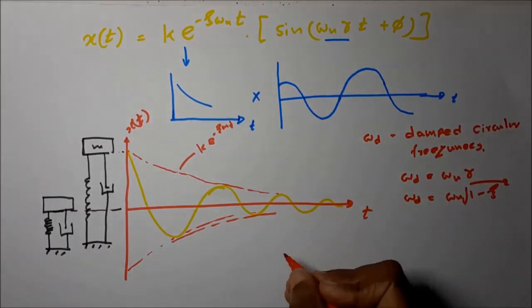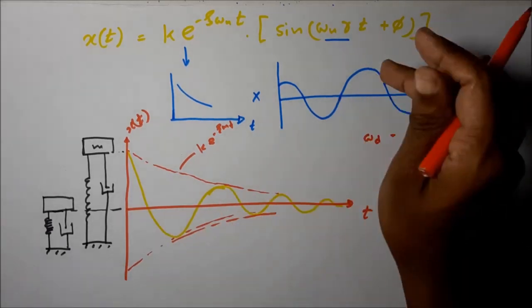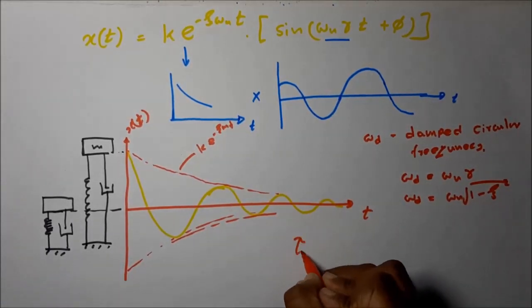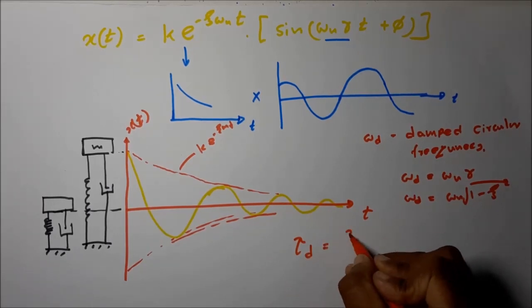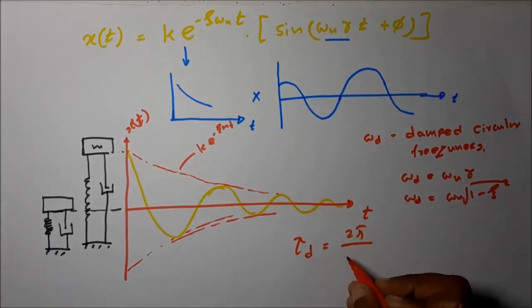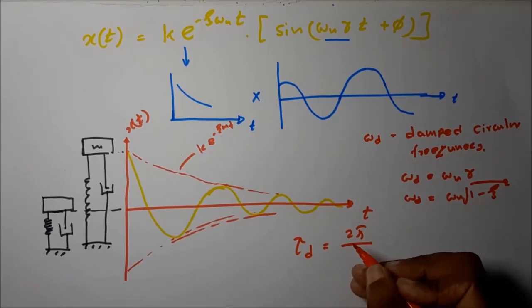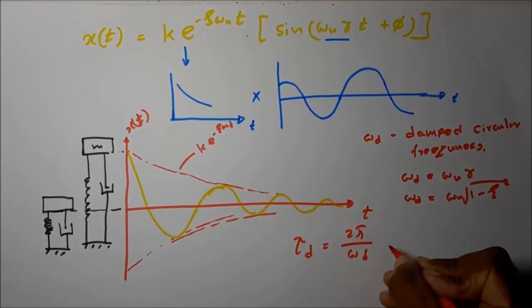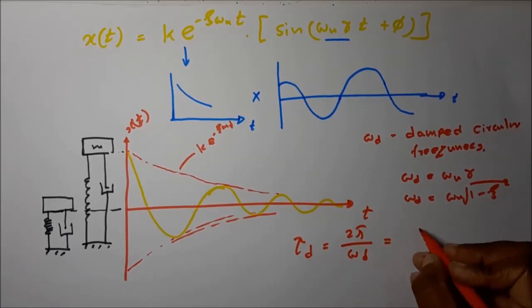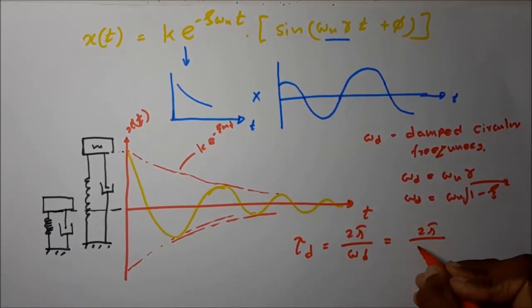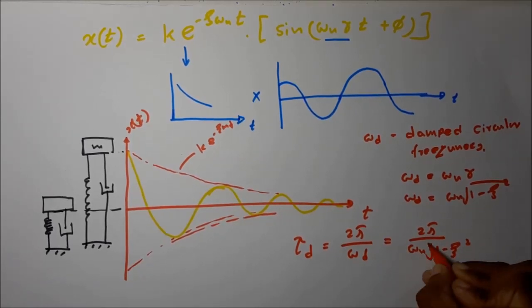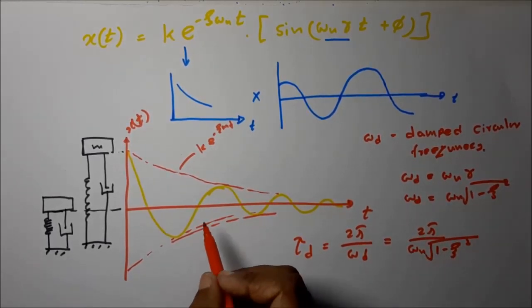The periodic time is determined by the sine function's periodic time. τd is equal to 2π divided by the damped circular frequency ωd, which is 2π divided by ωn √(1 − ζ²). This is the periodic time of the damped vibration.